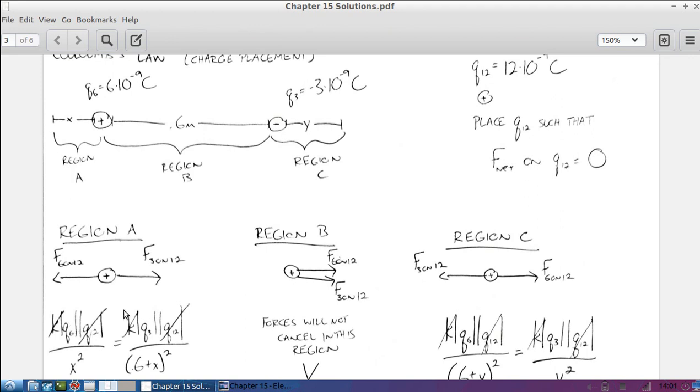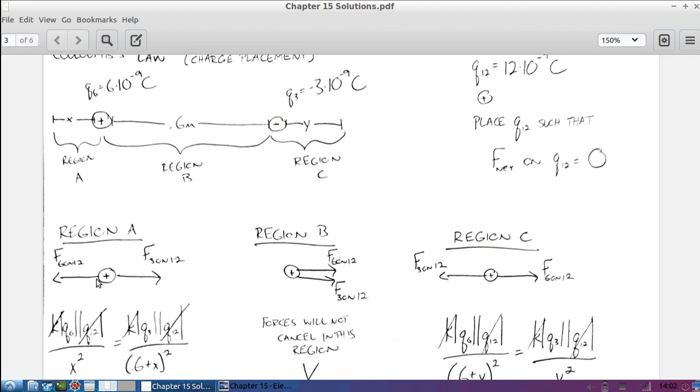Q6 times Q12 is greater than Q3 times Q12. Also, if I'm over here, I'm always going to be closer to the 6 nanocoulomb charge than I am to the negative 3 nanocoulomb charge. So the force by the 6 nanocoulomb charge on the 12 nanocoulomb charge is greater because their charges are greater, and it's greater because they're closer to each other.